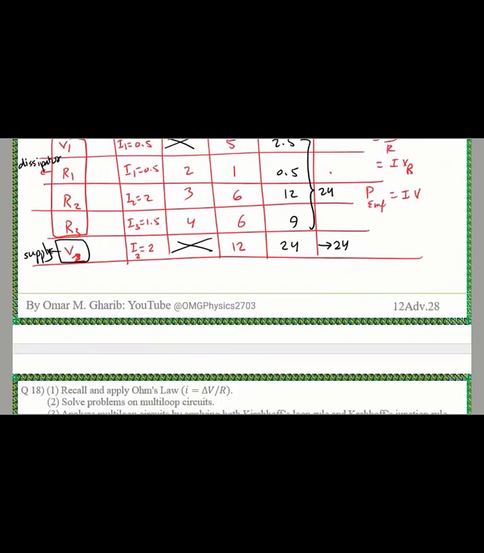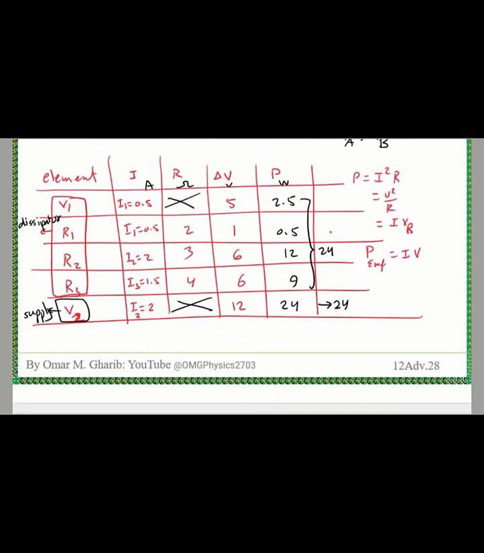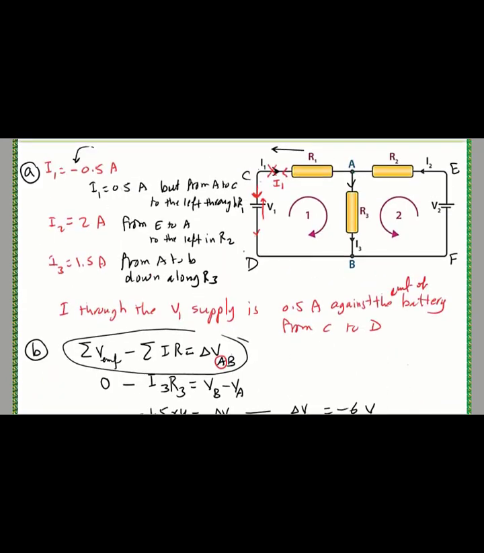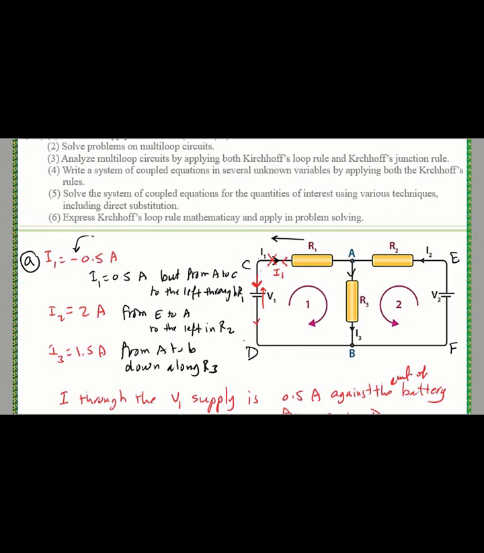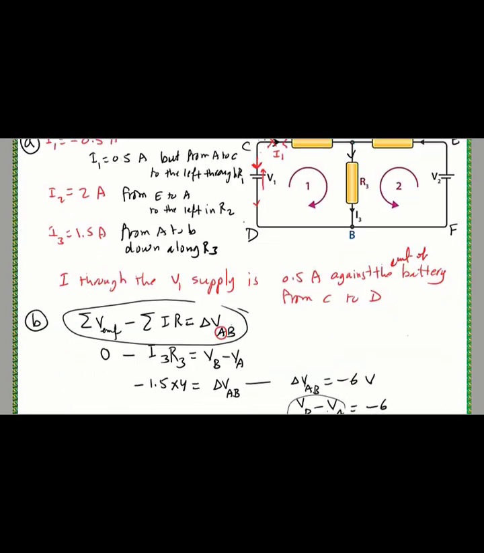And don't forget that V1 is in charging mode. V1 is from D to C, the current through it from C to D. The current is against V, so it is charging, it is not a supplier.